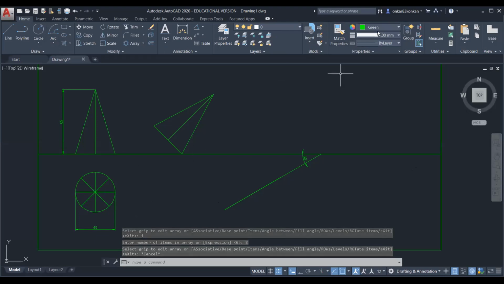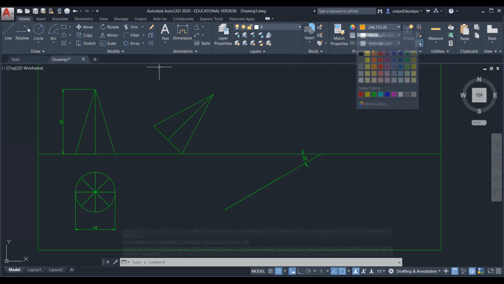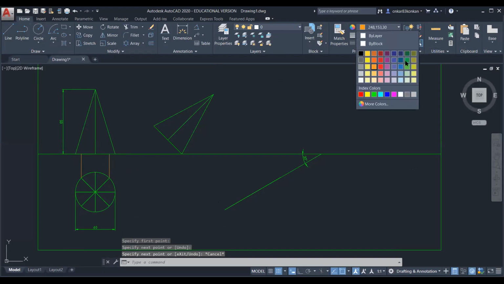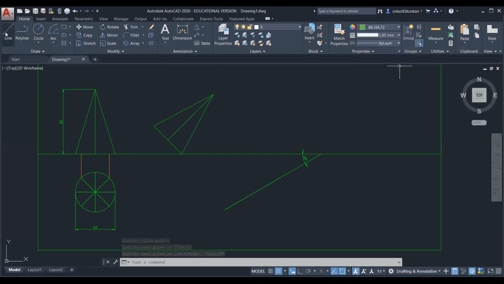Now just take the projector. And draw these generators.